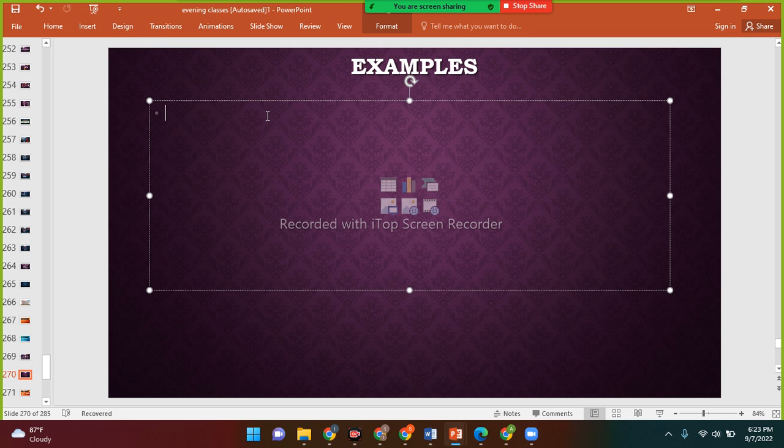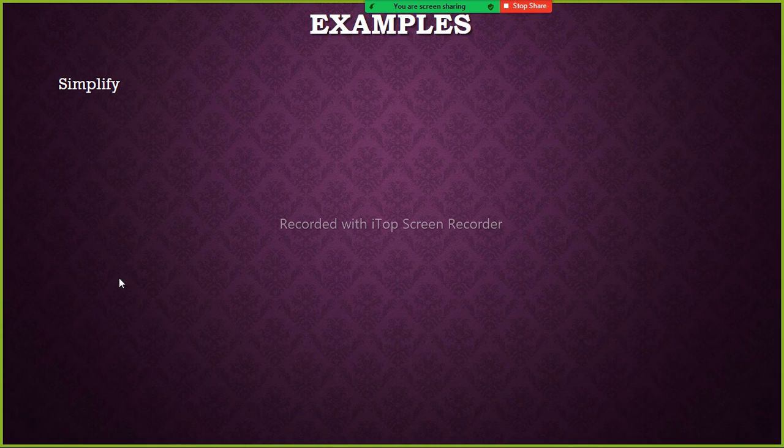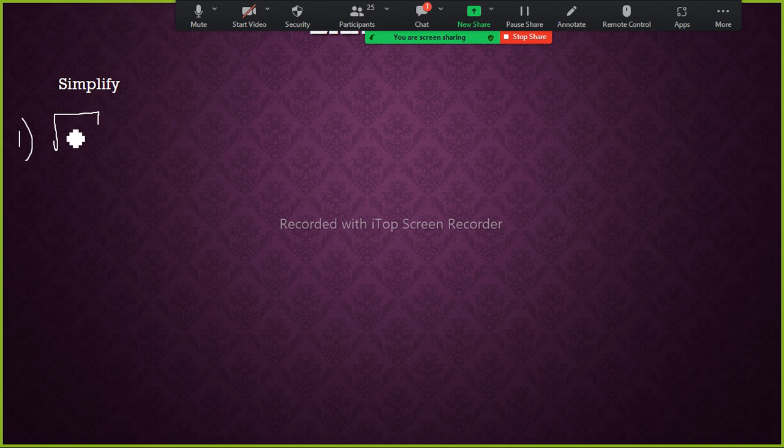So the instructions are very simple. We just want to simplify. All right. So we're going to begin with the first question. Question number 1. And the question is, let's say we have the square root of 36.